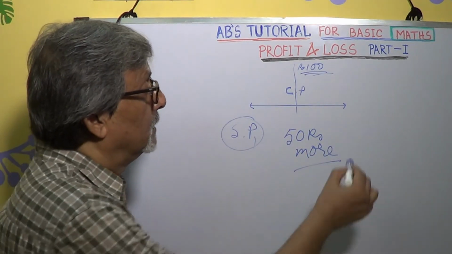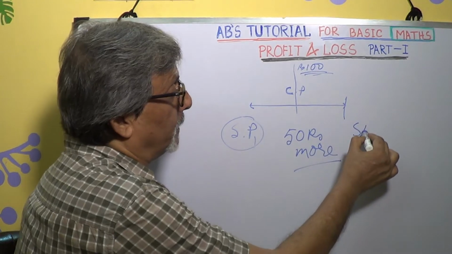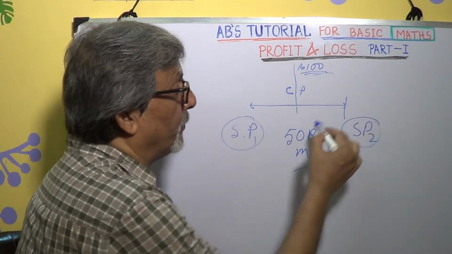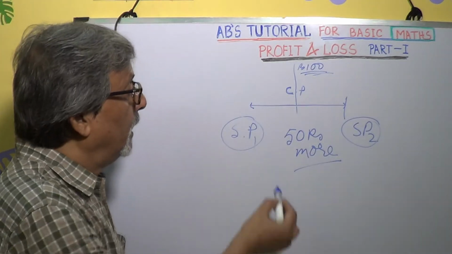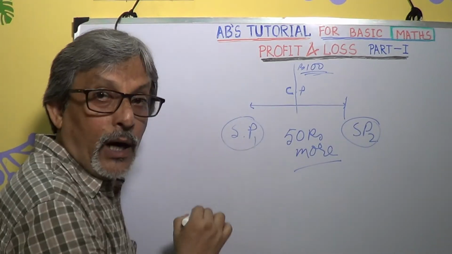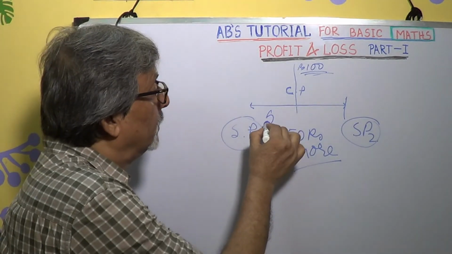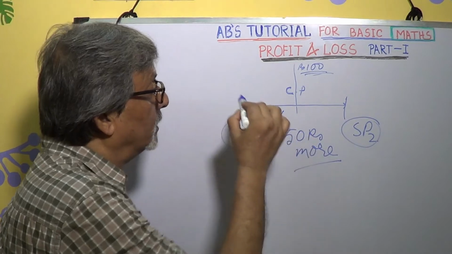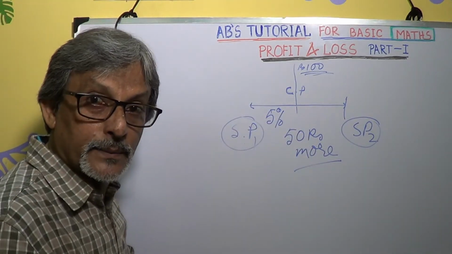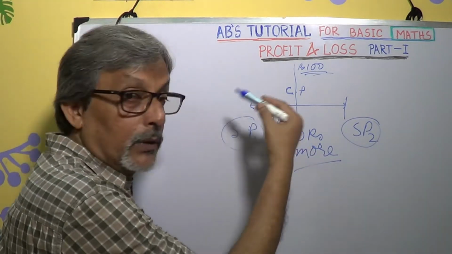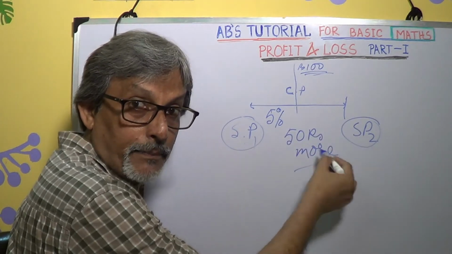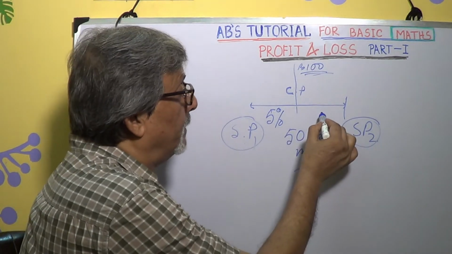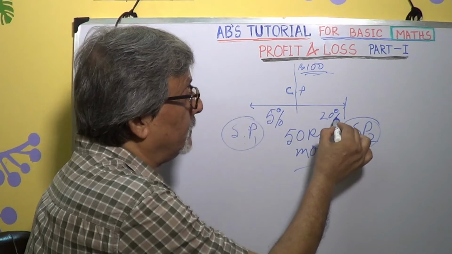They say that the new SP, that is the SP2, selling price 2, will make a profit naturally. So when we sell it at SP1, it is a 5% loss, and when we sell it 50 rupees more, let the profit be 20%.